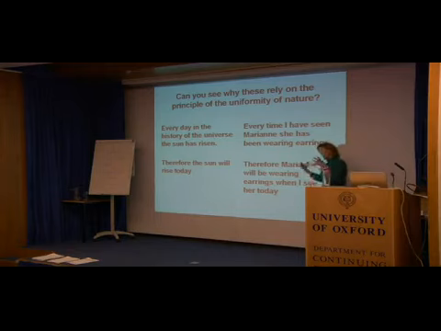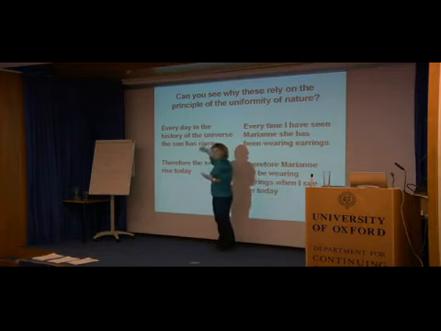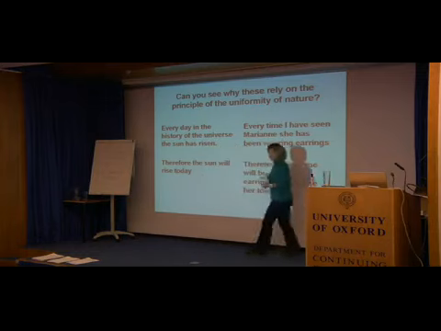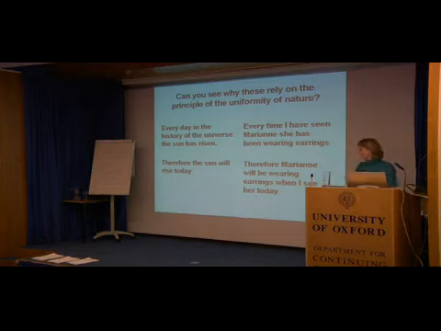But our background knowledge comes in to say whether you think it's a strong argument or a weak argument. Given what we know about physics, astronomy, the laws of nature, that is a strong argument. Given what we know about people and what they wear, that's a weak argument. But both of them rely on the assumption of the principle of the uniformity of nature.